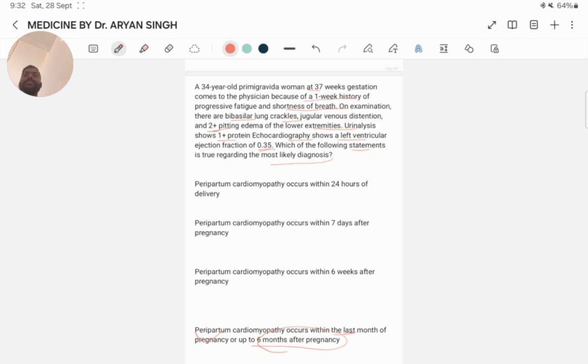It is diagnosed based on a left ventricular ejection fraction of less than 0.45 on echocardiography and the absence of another potential cause of the heart failure. Most patients experience partial or complete postpartum resolution of heart failure within 6 months of delivery, but others require continued management with heart failure medication, devices, or heart transplantation.